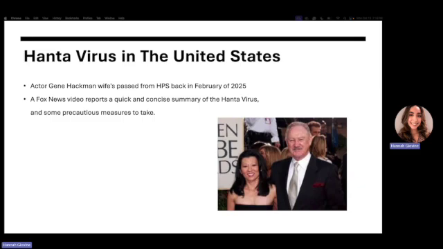We did end up finding a Fox News clip that provided a nice summary of not only the Hackmans' case, but also some important information regarding the hantavirus.